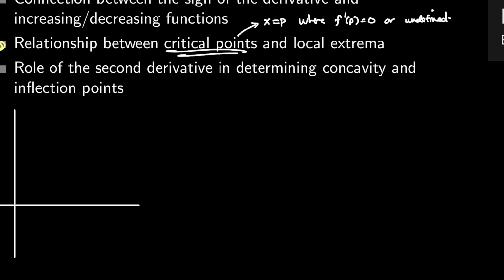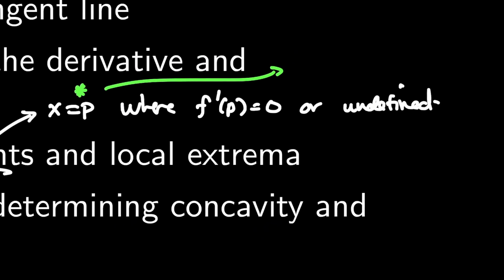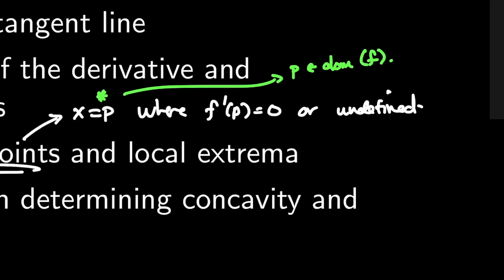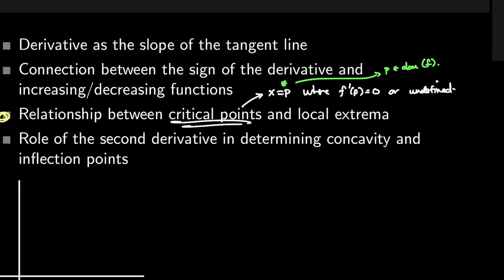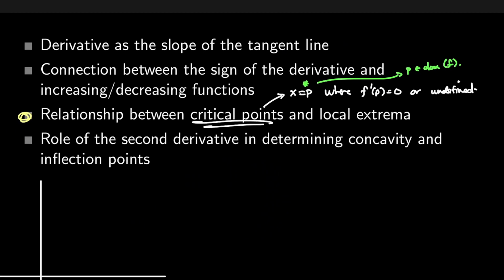Now, a little asterisk here is that P must be in the domain of f. So you can't have a point be a critical point if it's not even in the domain of the function. Okay, that might seem like a silly point to make, but it will actually come up in our example in a little bit.